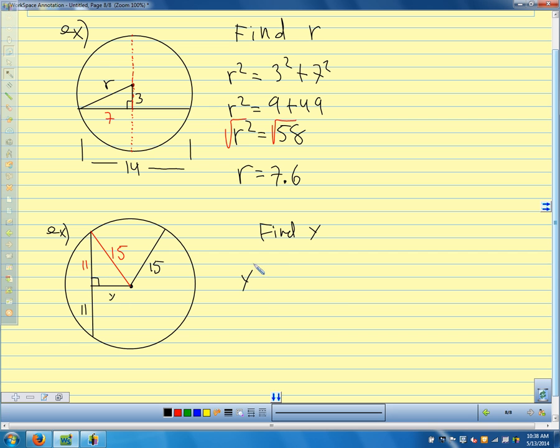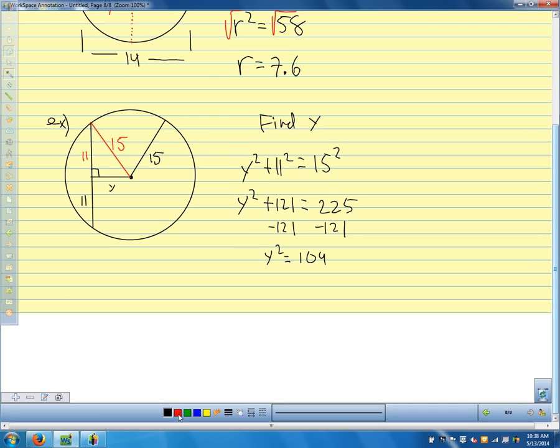We can say y squared plus 11 squared equals 15 squared. So y squared plus 121. 15 squared is 225. Subtract 121. Y squared equals 104. Take the square root. And y equals 10.2.